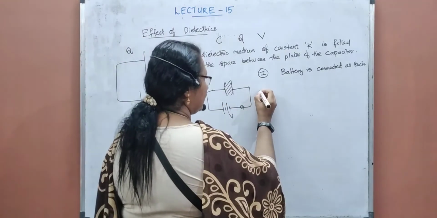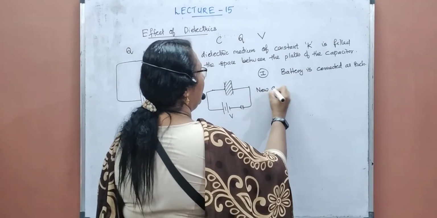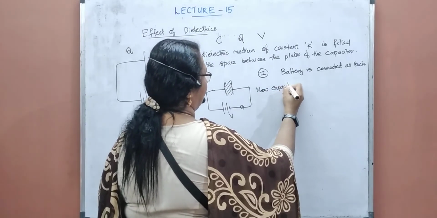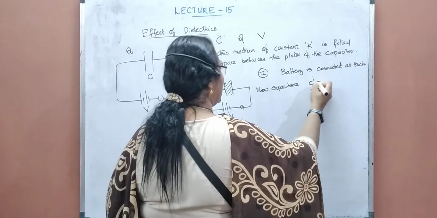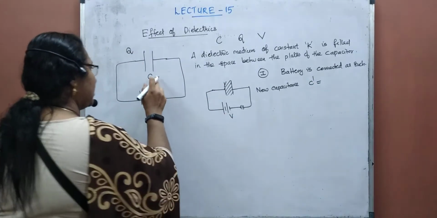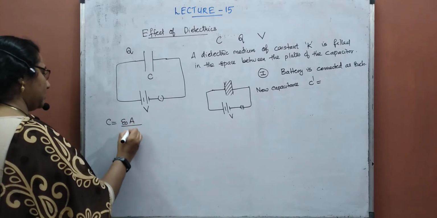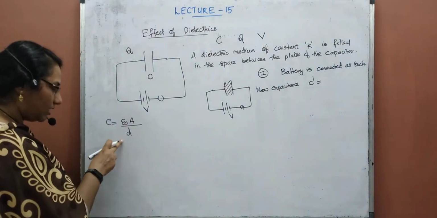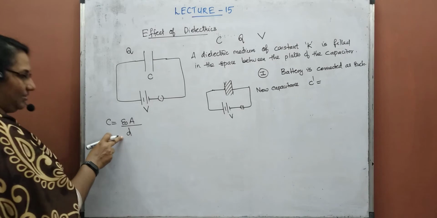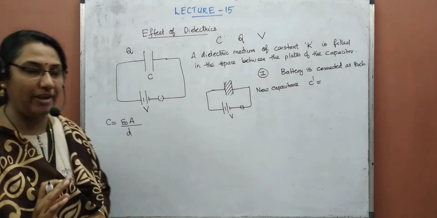The new capacitance C dash is equal to, what was the capacitance of a parallel plate capacitor?